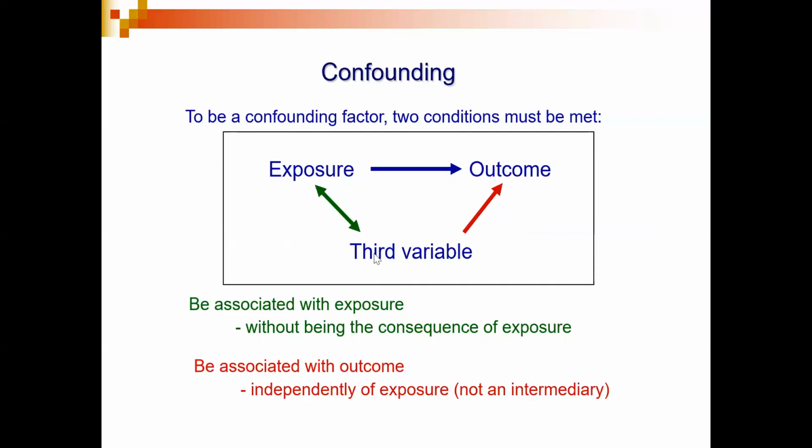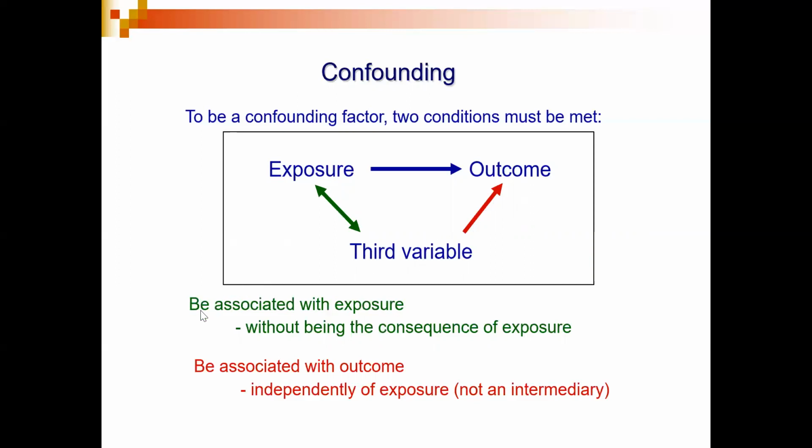But its association with the outcome is not as a result of the exposure. And by that, what are we trying to say? In some scenarios, we can have the exposure causing this, and then this now causing this. That's what we call the causal pathway.